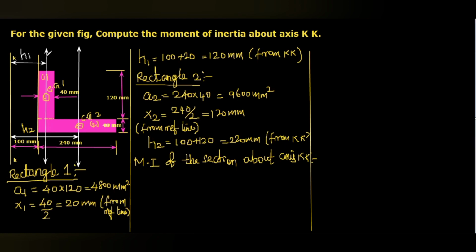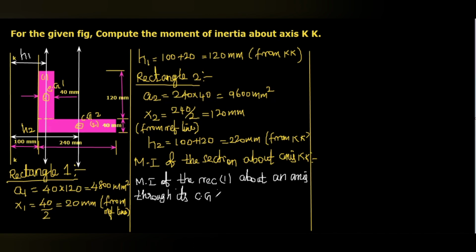I'm going to write it as the moment of inertia of rectangle 1 about an axis passing through its center of gravity, that is through CG1, and parallel to axis KK.